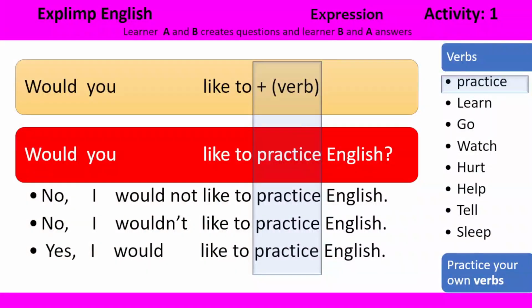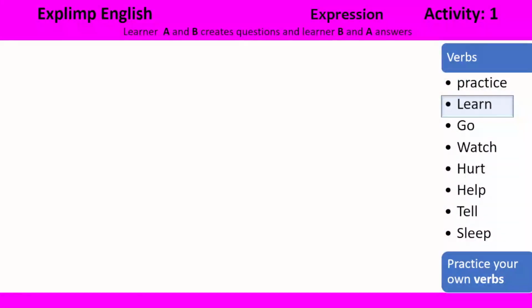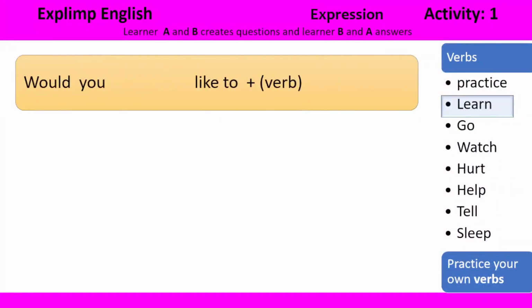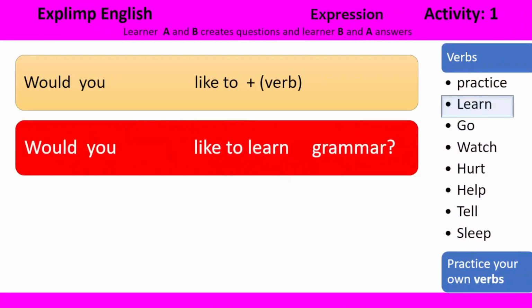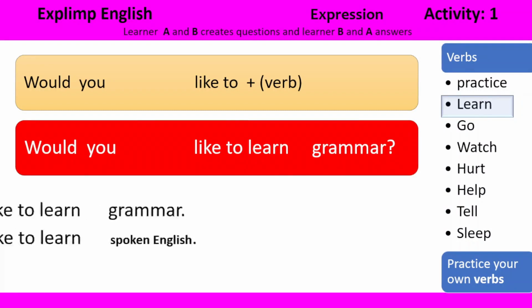Now here you see the verb practice is added, and you could also change this verb. For example, you could say no, I wouldn't like to practice English, rather I would like to learn English or learn the grammar. Learn. Would you like to plus verb? So simply put learn into the verb position. Would you like to learn grammar?